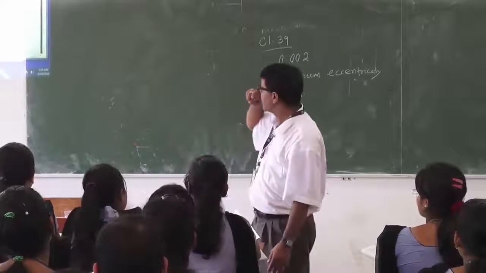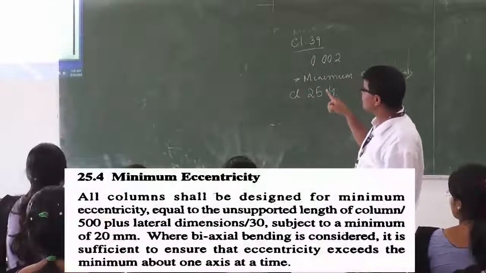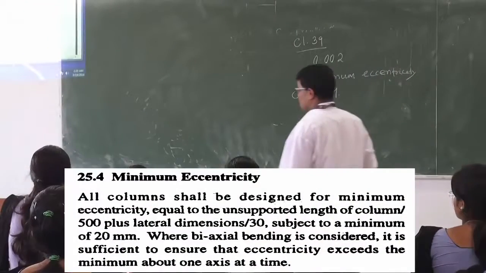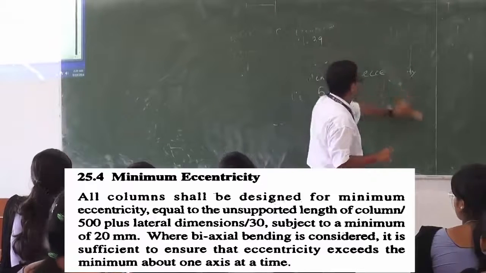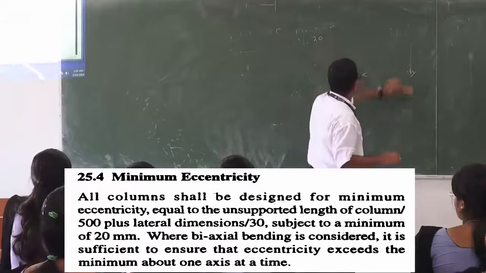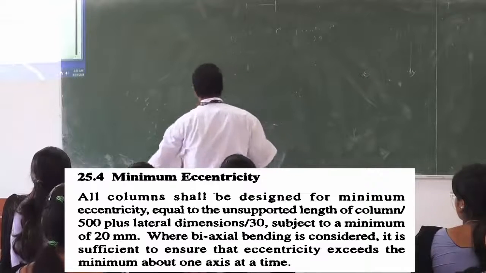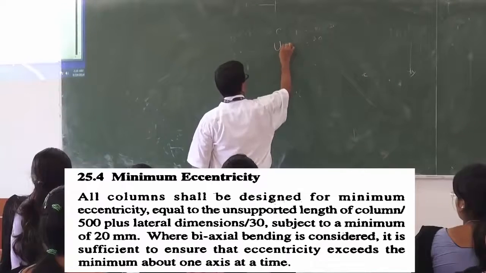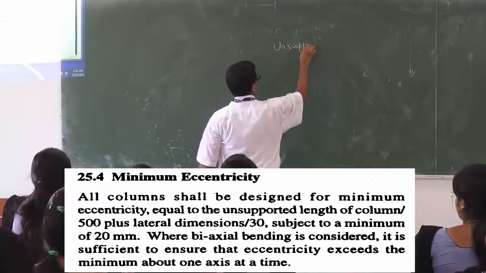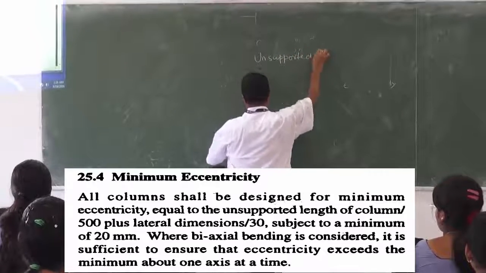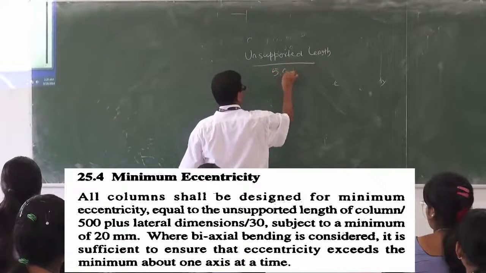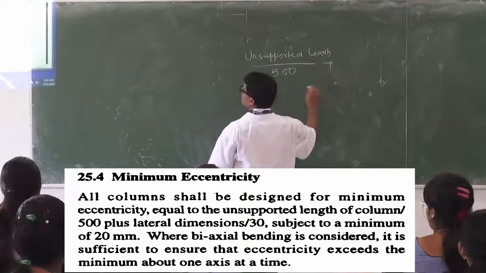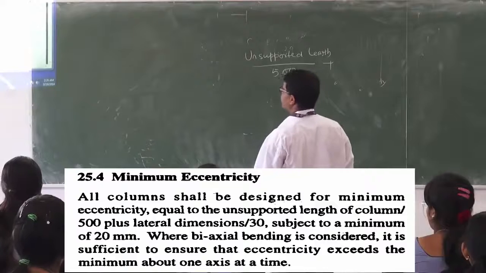So column length, unsupported length of column, by 500, plus lateral dimension by 30.